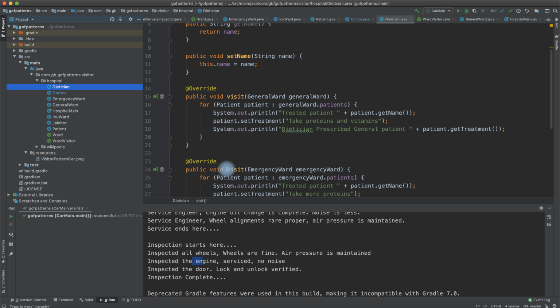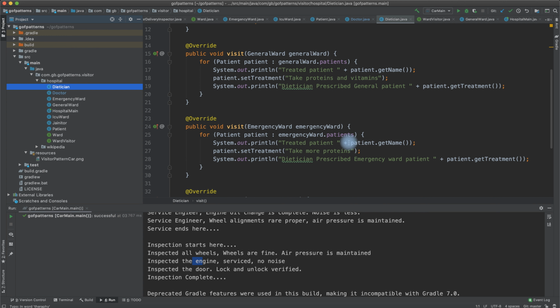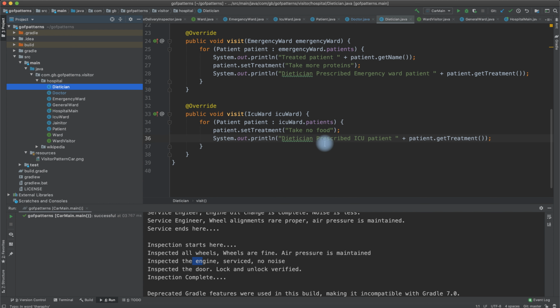The dietitian prescribes proteins and vitamins for the general ward person. For the emergency ward person, they say that okay, you might have to heal faster, so take more proteins. In the ICU ward, the dietitian says that okay, please don't take any food, you will be only on fluids. So such kind of things we can think of.